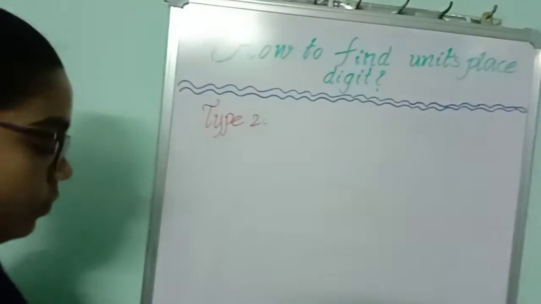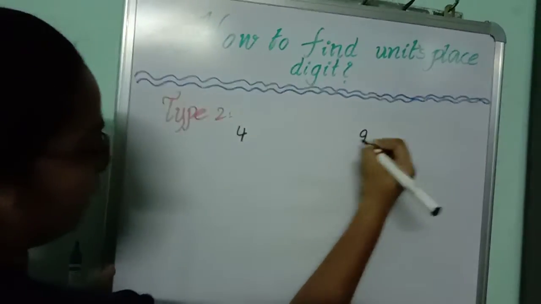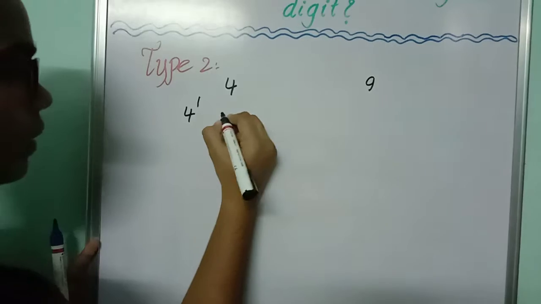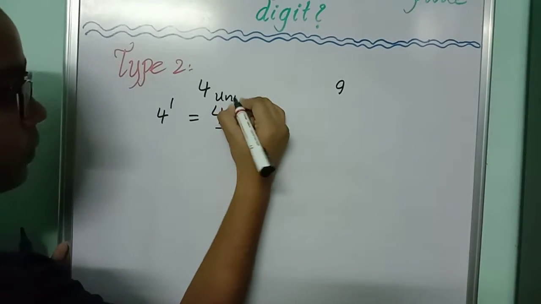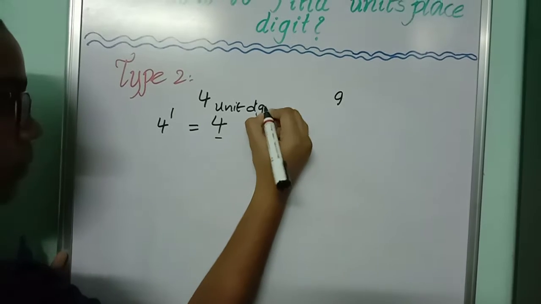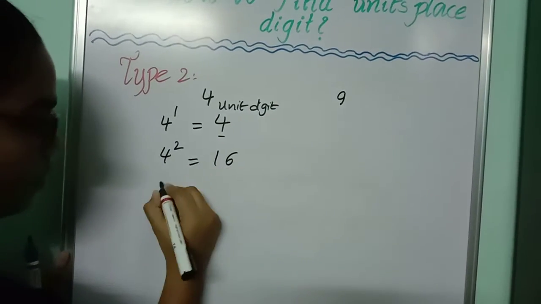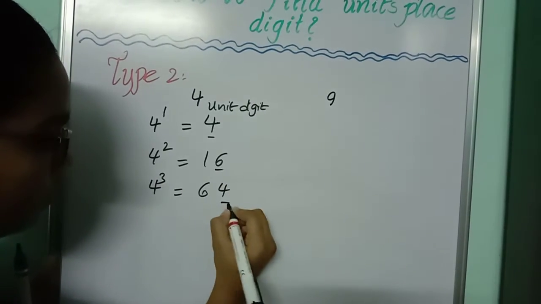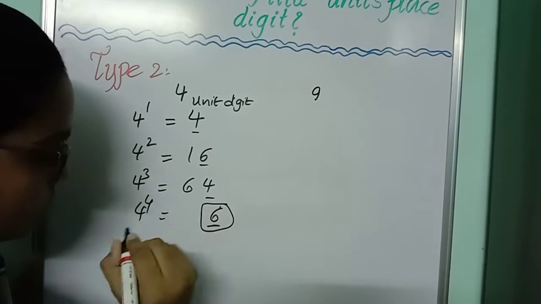Now type 2. These are of 4 and 9. Let us take 4 power 1. The unit digit is 4. 4 square is 16. 4 cube is 64. 4 power 4, then the unit digit becomes 6.